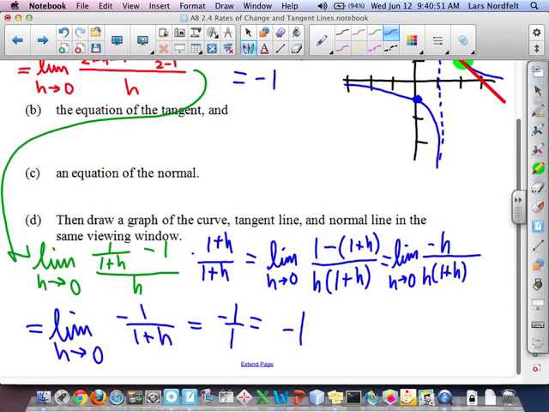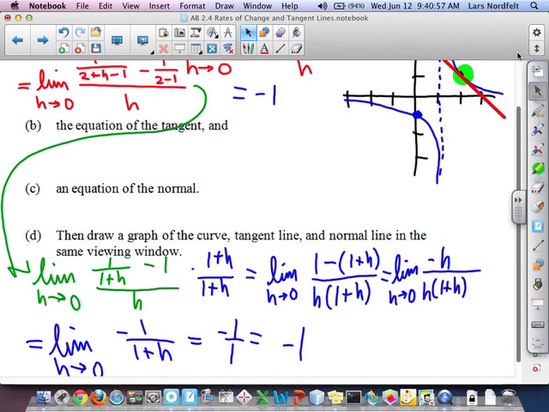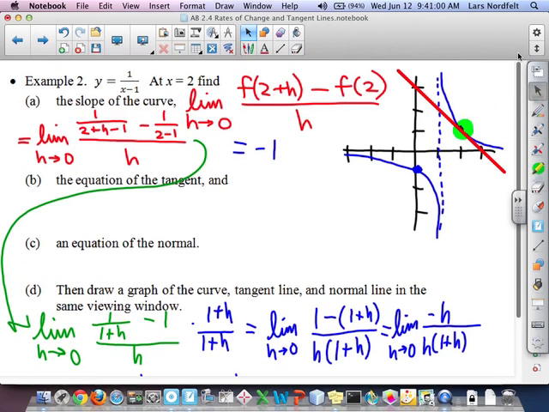Does it look like the slope on that curve is negative 1 then? Oh yeah, it does, huh? This tangent line has a slope of negative 1. So what's an equation for this tangent line? Yeah, that's true.